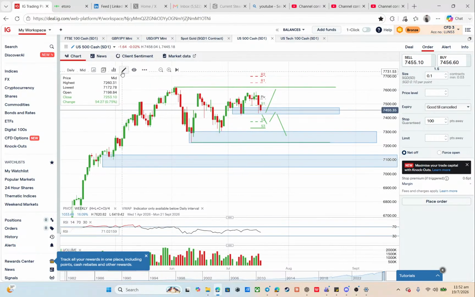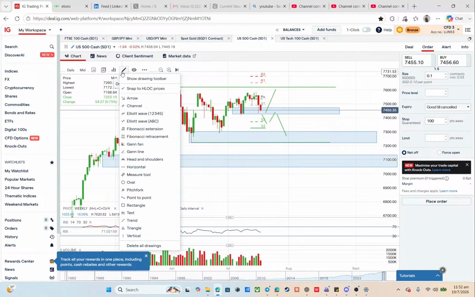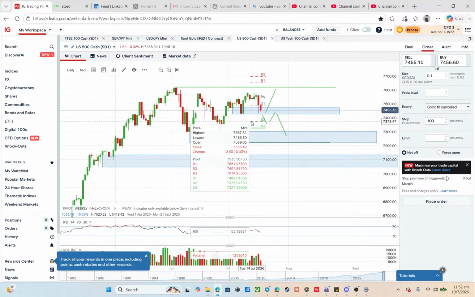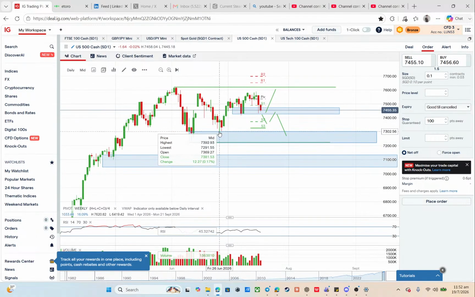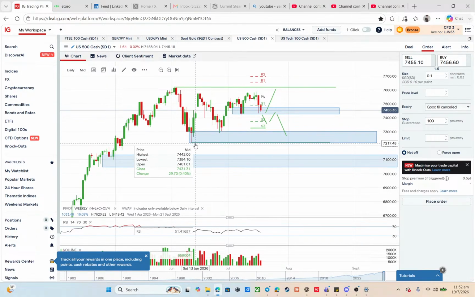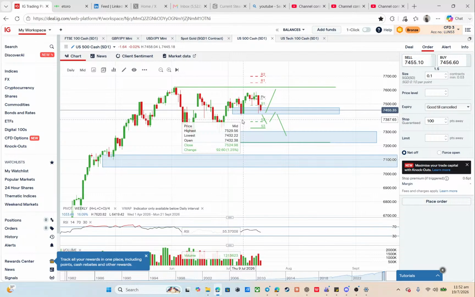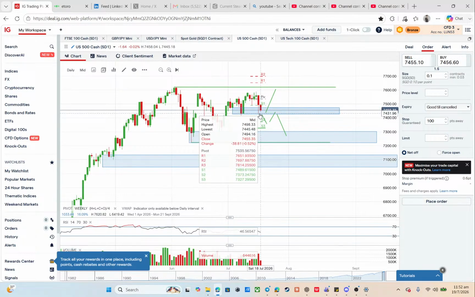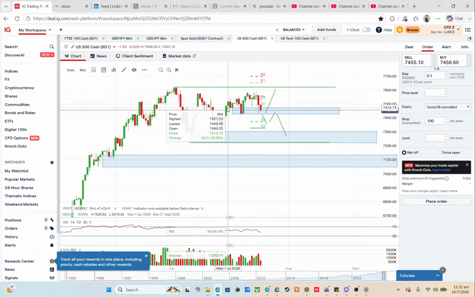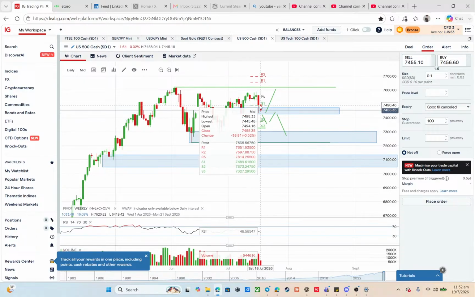This is the low, this is a higher low, this is a low, a higher low, and this is a higher low. So recently, for 2 days, we touched the buy zone here.